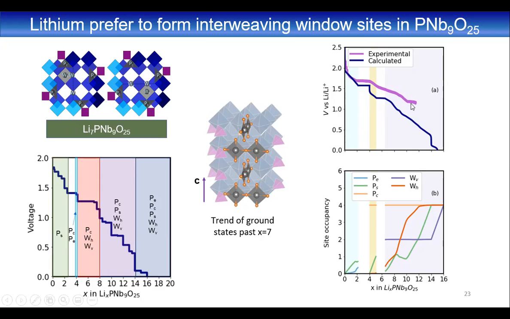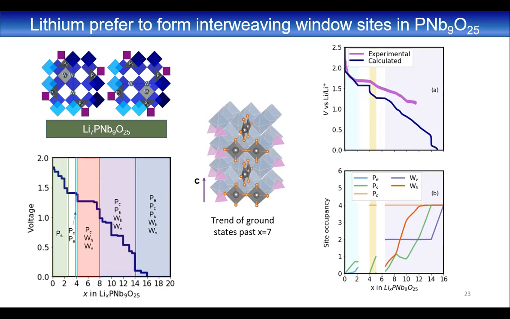In addition, I took my cluster expansion and all of my training data and did grand canonical Monte Carlo, and I found this voltage curve. So pretty much I took my cluster expansion and made some gigantic supercell, which was about 30 times the size of my DFT calculated cell.